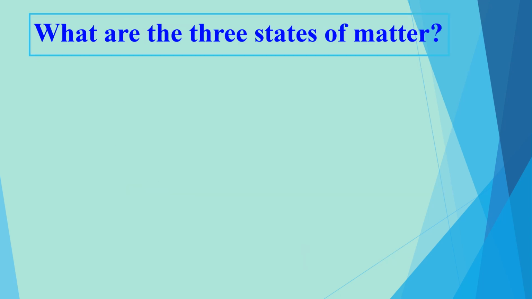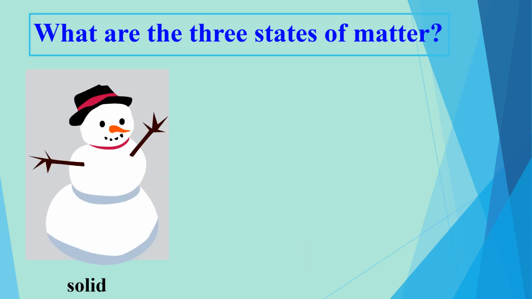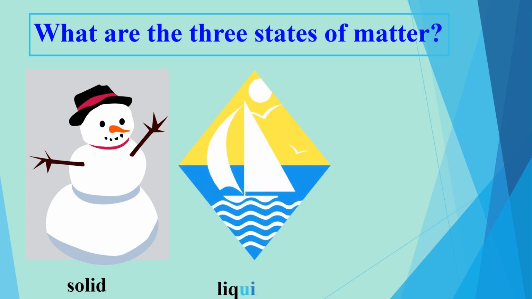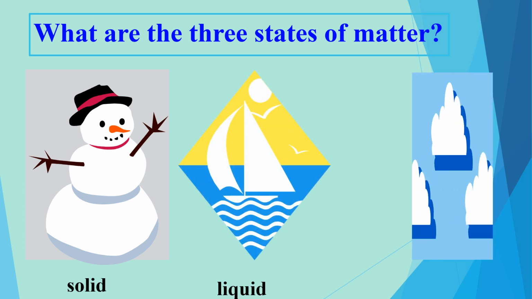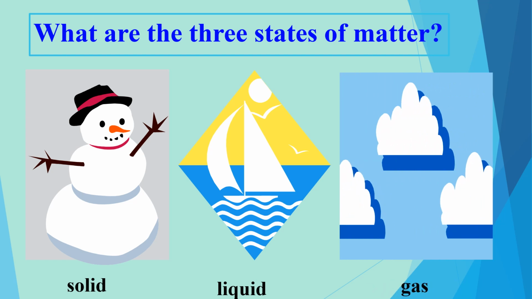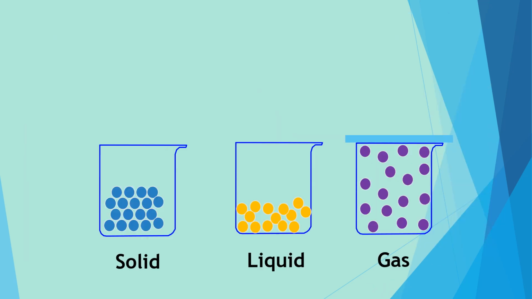What are the three states of matter? We have solid, liquid, and gas. Depending on the pressure and temperature, a solid can become a liquid by melting.